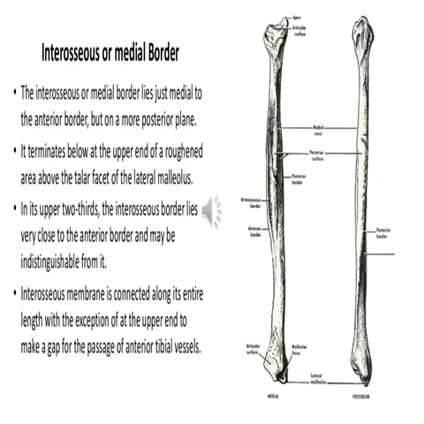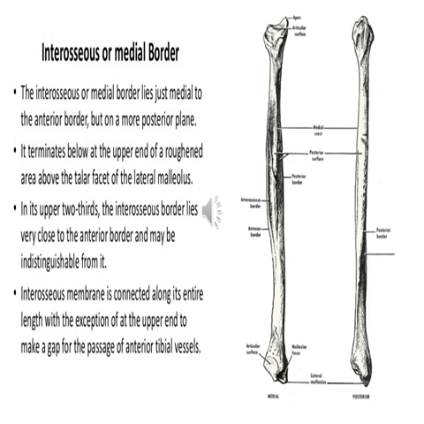The interosseous border or medial border lies just medial to the anterior border but more on the posterior plane. It terminates below at the upper end of a triangular area above the talar facet of the lateral malleolus, on the medial aspect.